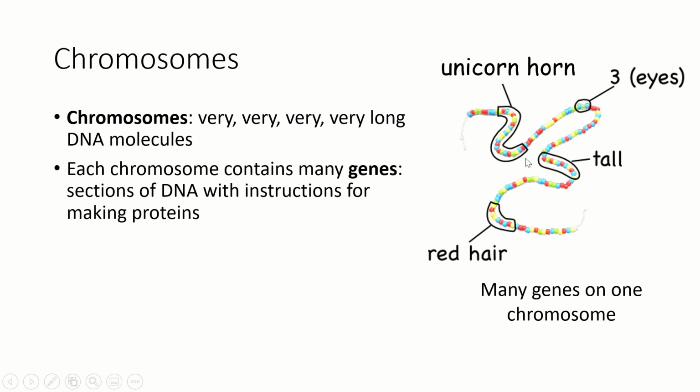So for example, here's a monster DNA with a gene for unicorn horn, a gene for eyes, how many eyes, whether it's tall or short, what color hair. There's also a lot of DNA in between the genes. Some of that's regulatory DNA to turn genes on or off. Some of that has other functions, and some of it we don't know what the functions are. So when we're talking about a chromosome, we're talking about a bunch of genes in each chromosome.